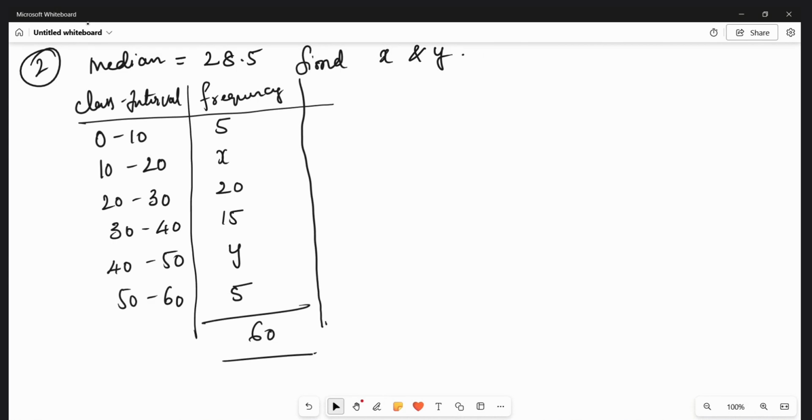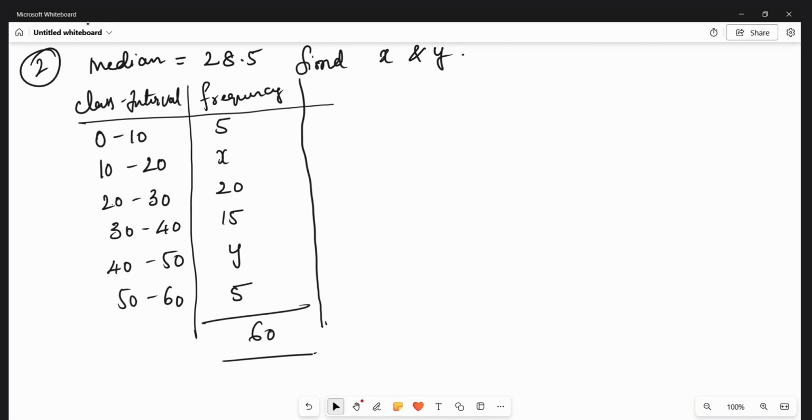Listen here, everyone. The median they have given is 28.5. That means, in which class interval will it come? Between 20 to 30, 28.5 is there, right? They have already given the median, and you have to find the missing frequency.